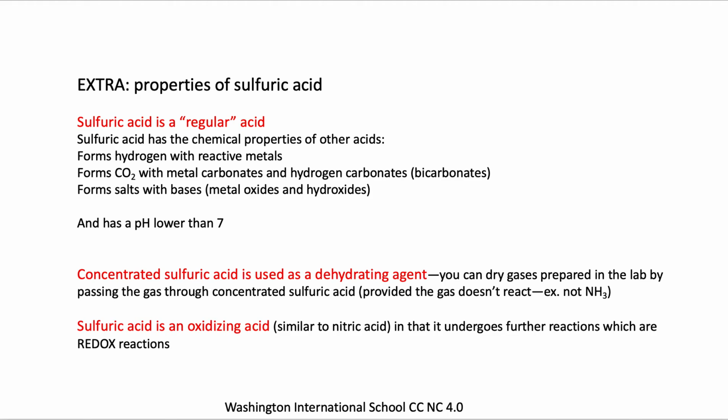But we've seen concentrated sulfuric acid can act as a dehydrating agent, and the liquid is sometimes used to dry gases that you're preparing, only if it doesn't react. Sulfuric acid, we've also seen here, is an oxidizing acid. Nitric acid has some of those properties too. And we've looked in terms of the change in oxidation numbers.